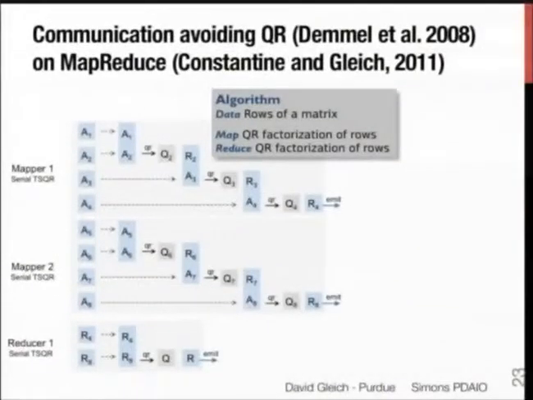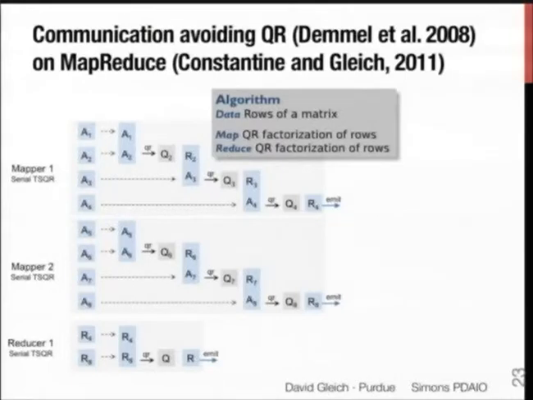What we do in MapReduce is just combine these two ideas. Within each mapper, we're reading blocks of the matrix A and computing a QR factorization. We usually read 4 times n rows of the matrix A and then compute a QR factorization. That's roughly time n squared, so each of these things is basically a constant time operation.